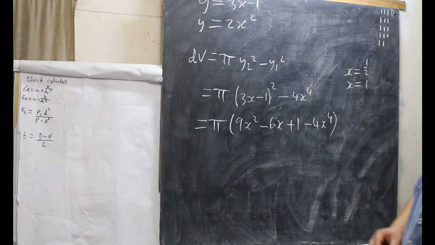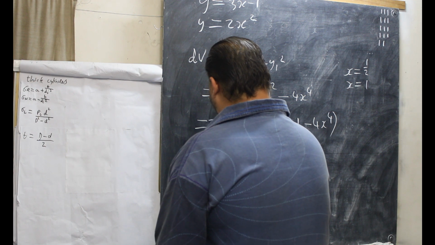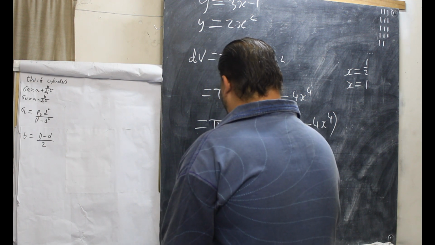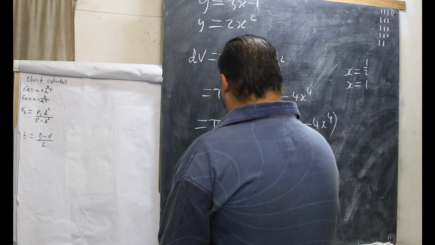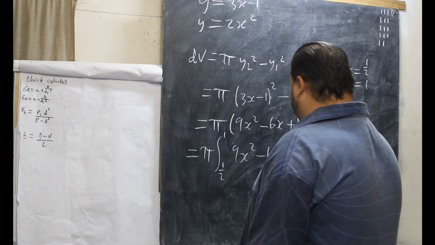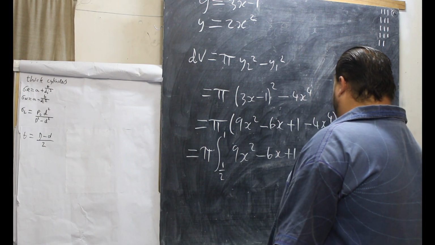Alright, next step. Now we can integrate. Pi integrate from 1.5 of 9x squared minus 6x plus 1 minus 4x to the power 4.